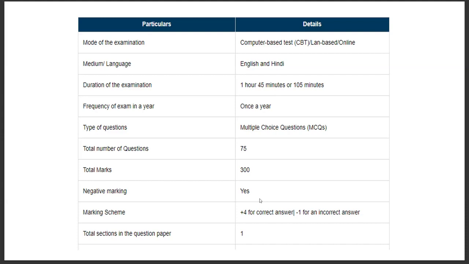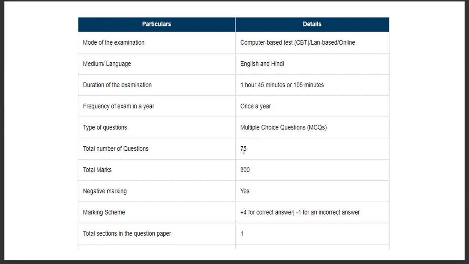The duration of the examination is 1 hour 45 minutes, that means exactly 105 minutes, and it is announced once a year, because some other examinations are announced for 2 years. Most of the common eligibility tests are announced only for 2 years. In a year they announce twice, but for this examination only once. The type of question paper is multiple choice questions.